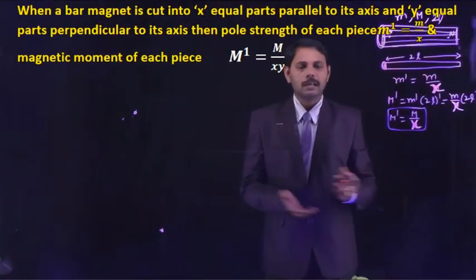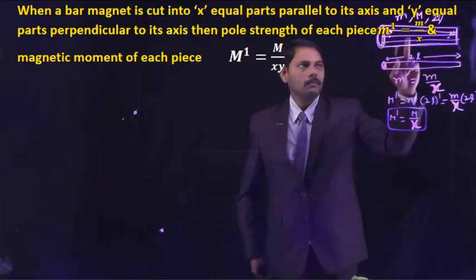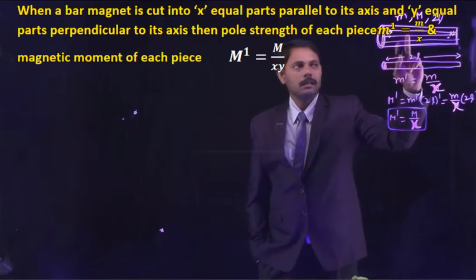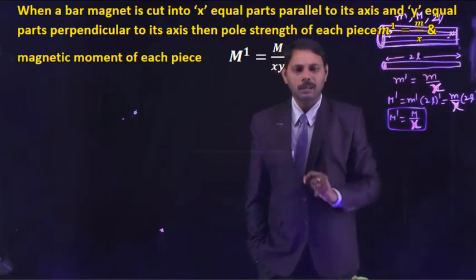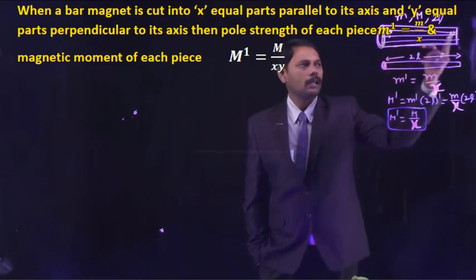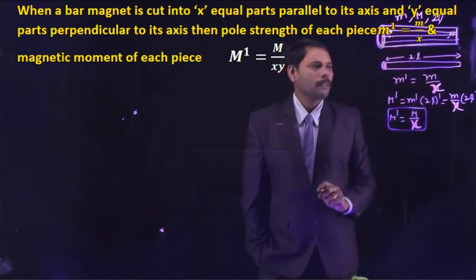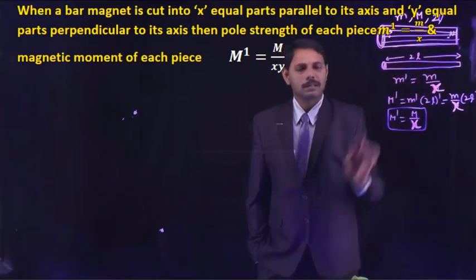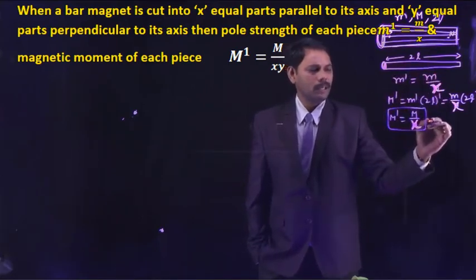So students, let us move on to the next way of cutting. We have a bar magnet of pole strength small m, magnetic moment capital M, and length 2L. First it is cut into x equal parts parallel to its length, as shown in this diagram. Let us consider one such part. Then pole strength is m by x, and the magnetic moment becomes capital M by x.